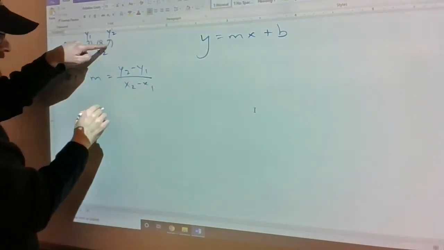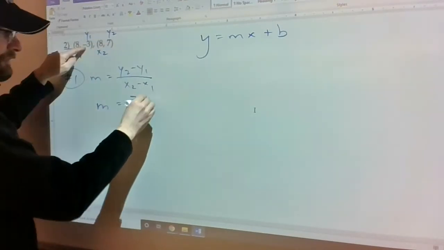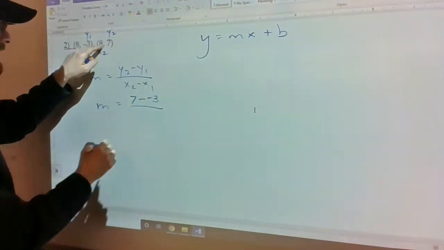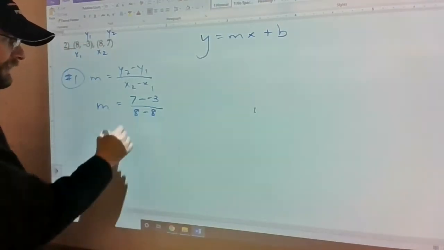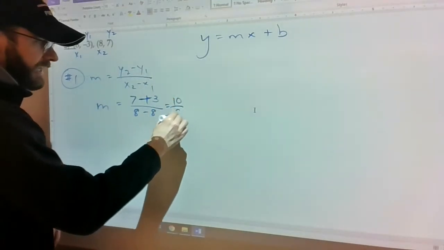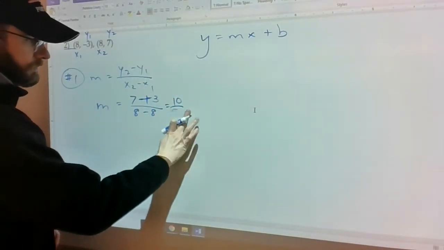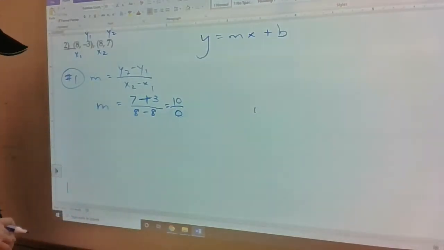Plugging things in, m is equal to 7 minus -3 over 8 minus 8. So the minus creates a plus. It's going to be 10 over 8. No. 8 minus 8 is 0. Ooh, that just doesn't look right.